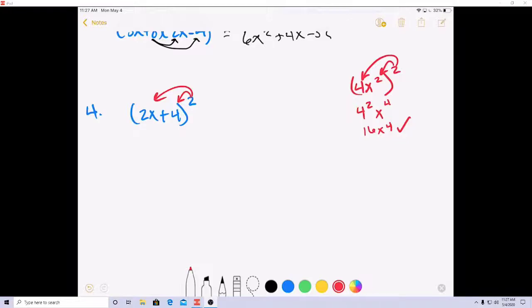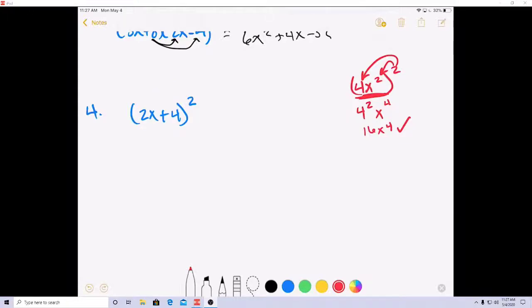Here, I'm not allowed to. Okay? I told you last week, if you watch the video, you can only distribute an exponent if it's into a monomial. This is a binomial, right? There's 2 terms here. I'm not allowed to distribute this 2 in. So, nope. Can't do that.